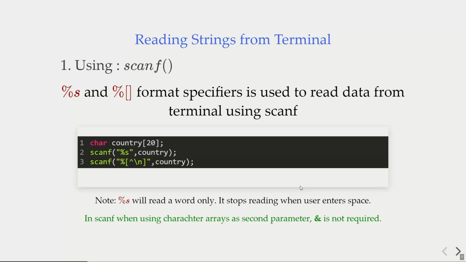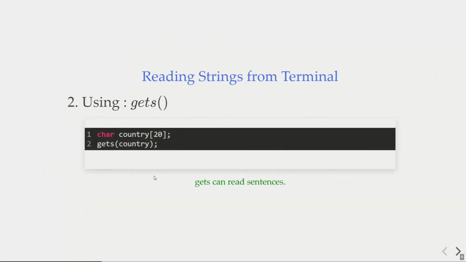That means it will stop reading after it encounters a space. And if you want to read a complete sentence, that means paragraphs or complete lines, then you have to use % brackets with this particular syntax. So this we have seen in the last video.